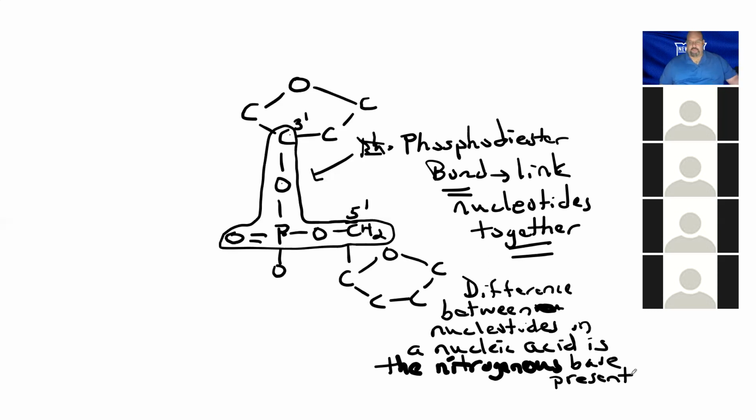Phosphate is always the same. What's the only variable from one nucleotide to the next? The only variable is the nitrogenous base, because there are 4 different ones. If we're talking about DNA, there's cytosine, guanine, thymine, and adenine. That's the variable as you go from one nucleotide in a nucleic acid to the other. So keep that in mind as well.